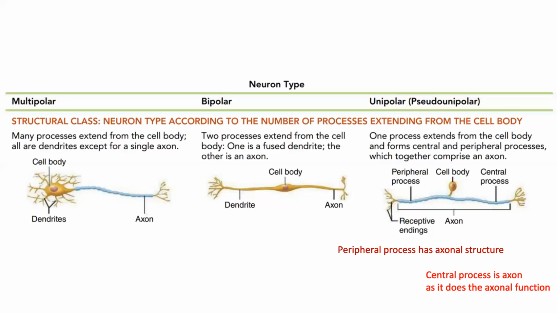This is multipolar neuron. The second type is bipolar neuron. If you look at the cell body, there are only two processes coming out from the cell body.